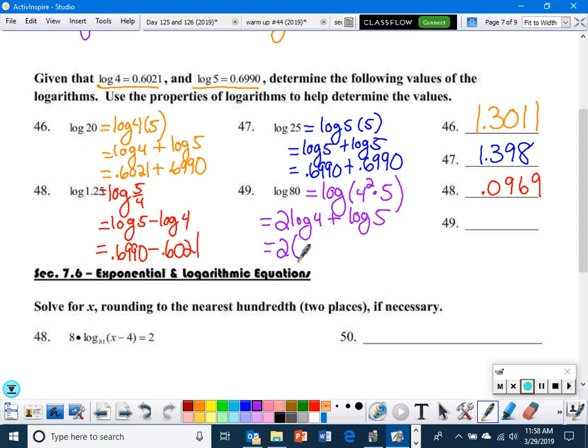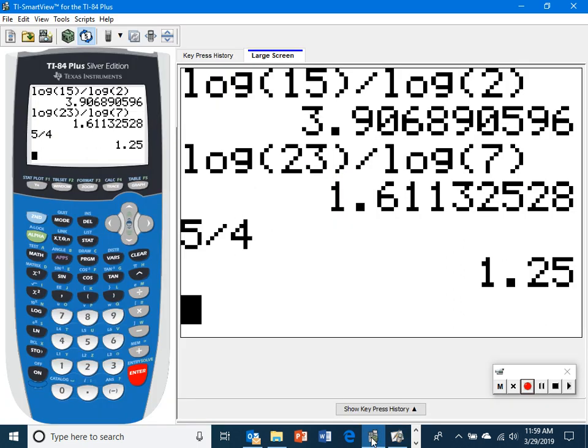Replace log of 4 with the decimal. Replace log of 5 with the decimal. Put those together and you get 1.9032. Now, to be honest with you, ladies and gentlemen, you could have just typed those into your calculator.